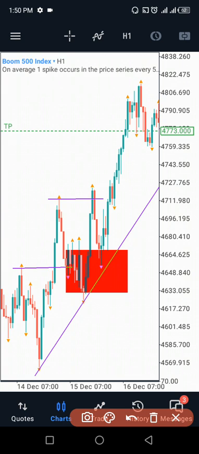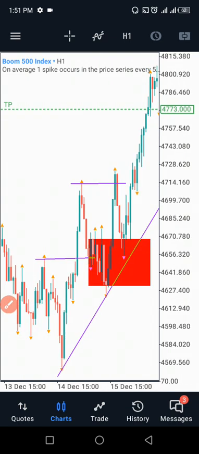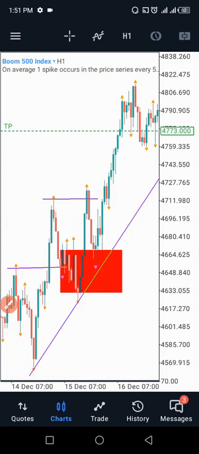Remember, you can use this trend line with other confluences, like your moving average, a candlestick pattern, order block, supply and demand, fair value gap, and things that will help you to take accurate trades in the forex market. So this is what we want to know about trend line.